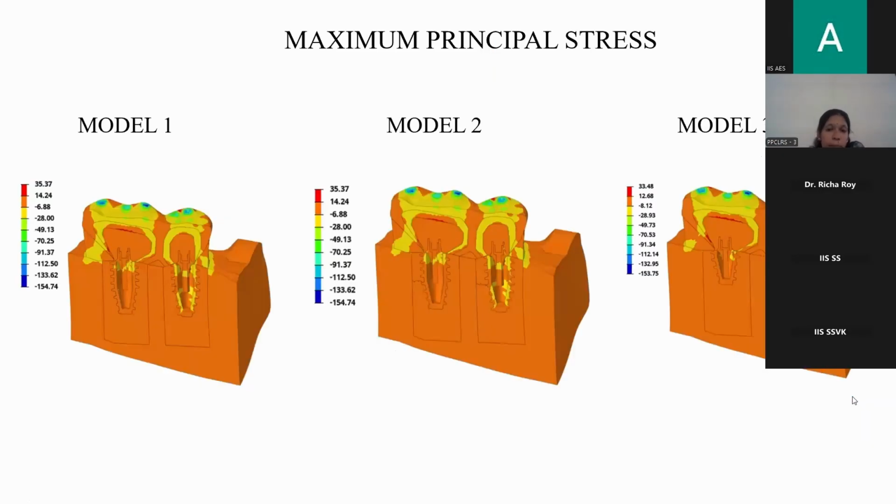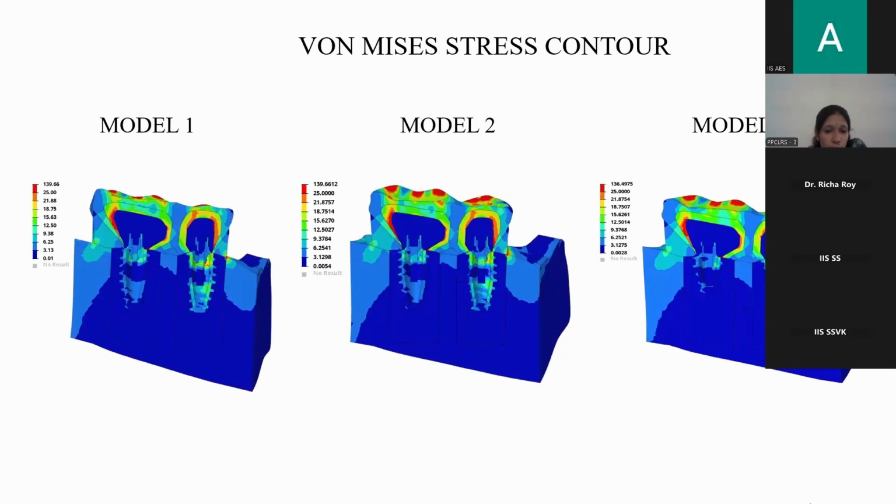This is a pictorial representation in which we can observe higher stress in the crestal cortical bone of all three models, and also higher stress in the crown structures of all three models. On application of load, the stress transferred from implant to bone was higher in model 3 compared to the other models, indicating a least favorable biomechanical behavior.